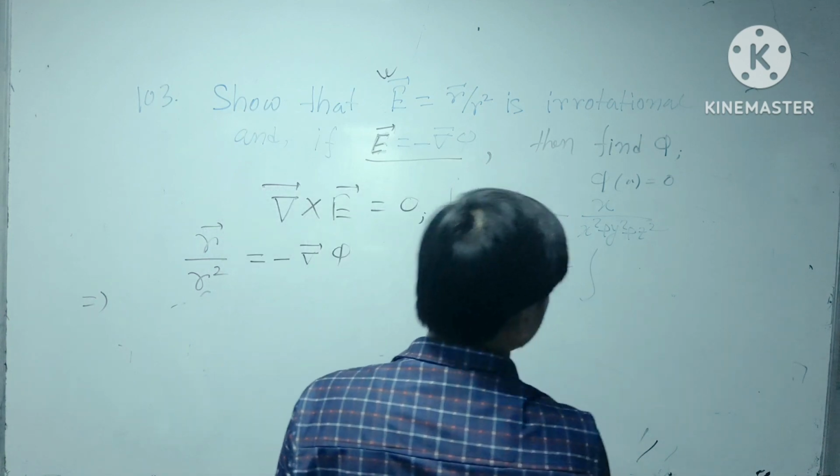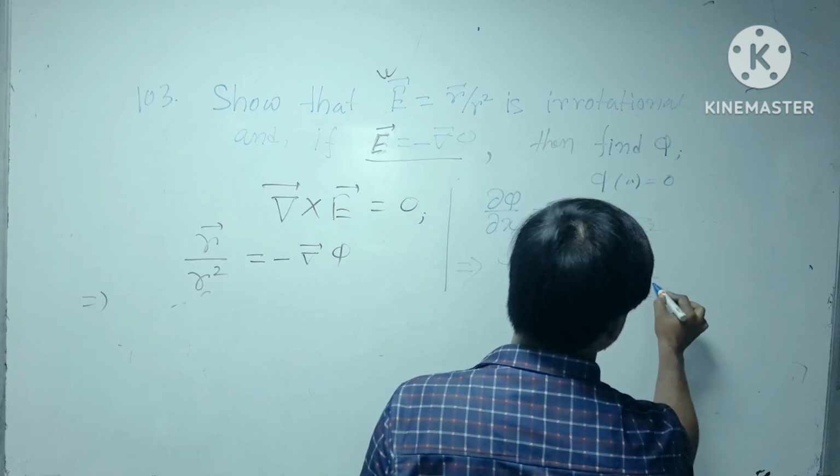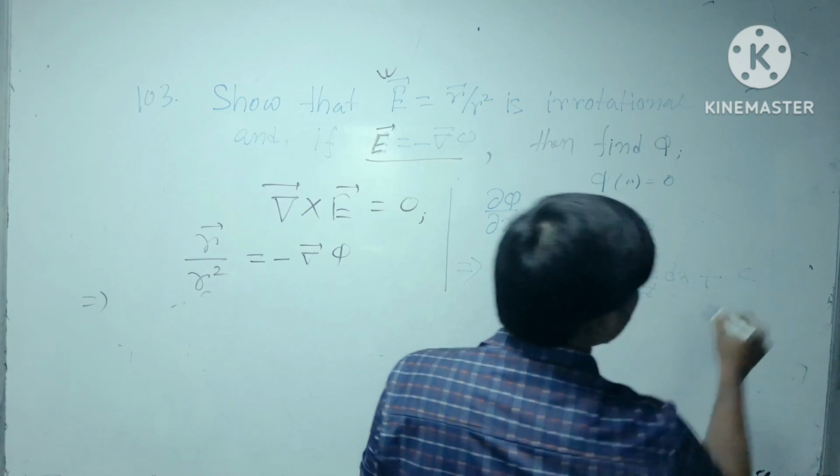Okay, so integration x by x square plus y square plus z square dx plus there will be some constant c.